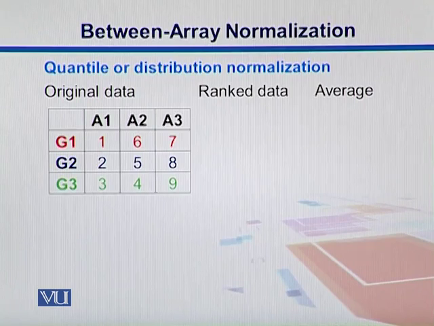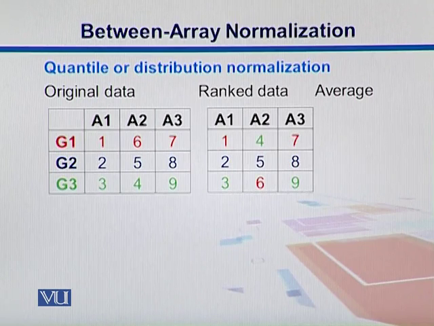A1 is, for example, our treatment 1, or within treatment A we have replicate 1, and then A2 and A3. For gene 2 or feature 2, we might have 2, 5 and 8, and for gene 3 we have 3, 4 and 9. We rank them. So for each gene or each feature, we rank them from lower to higher.